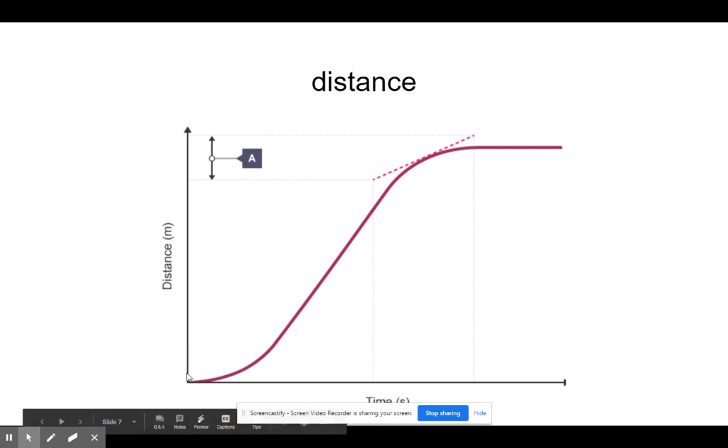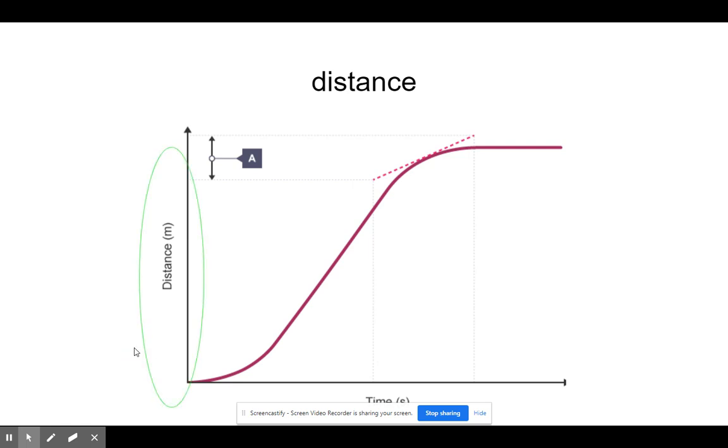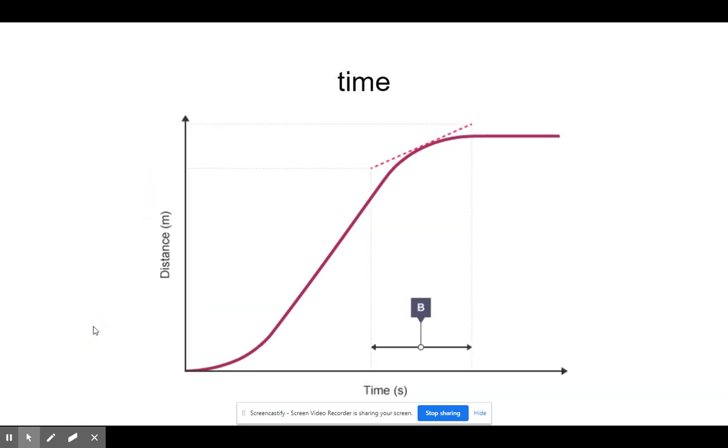This is always going to be where you start on a distance time graph. The higher up you go, the further away. And then down here, the further you go, that's how time passes.